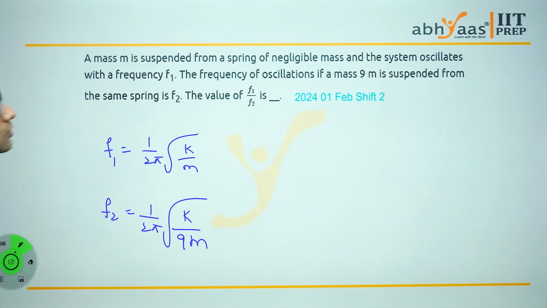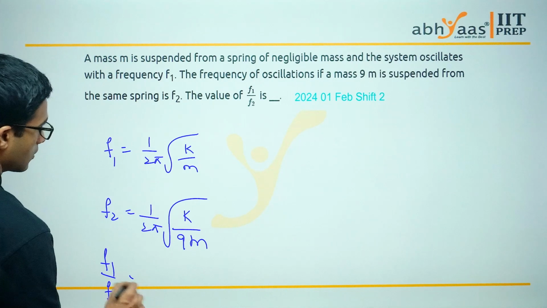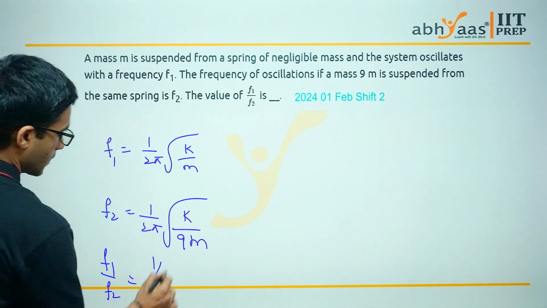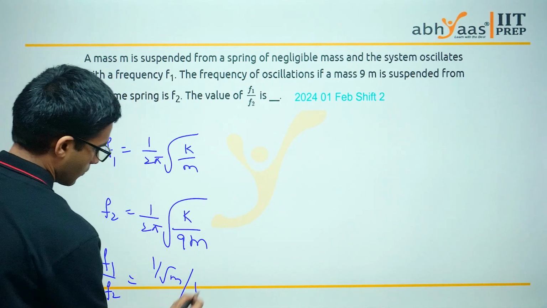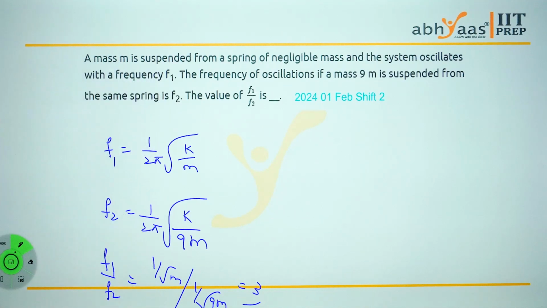The other things are fixed, only the mass changes. f1 by f2 is equal to 1 by root m, remaining things are the same, 1 by root 9m, that means 3. f1 by f2 is what he wants, that is 3.